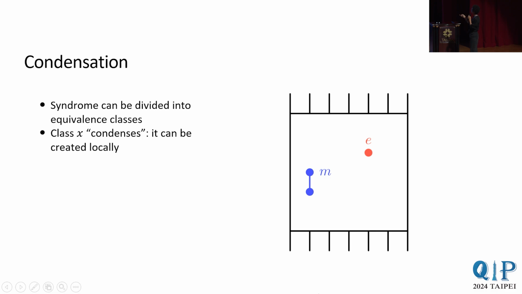So for example, in the bulk of the surface code, this E excitation, which represents an X-type measurement being violated, cannot be created. This is impossible. What you can do though is create pairs of excitations. For example, this blue M-type excitation, which represents a Z-type check being violated, this pair can be created in the bulk of the surface code.